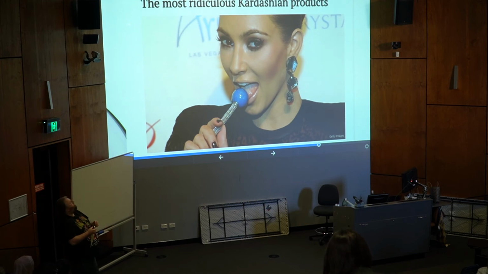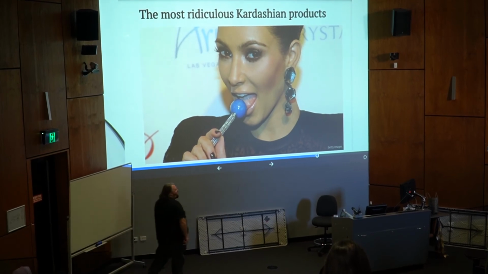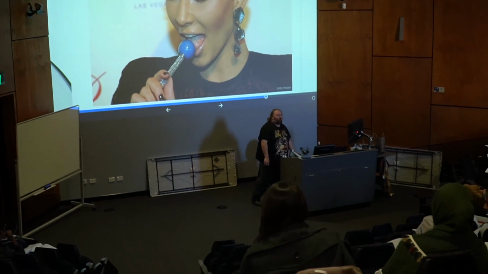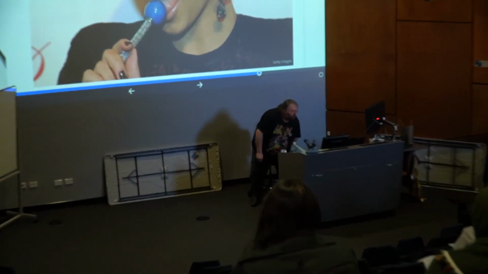You've got here everyone's famous person for not being famous. Kim Kardashian. Look, I don't think she's ever met a product that she's not willing to sell. This one here, I'm sure that image's been photoshopped a few times. Her brand was selling lollipops that were diet lollipops.